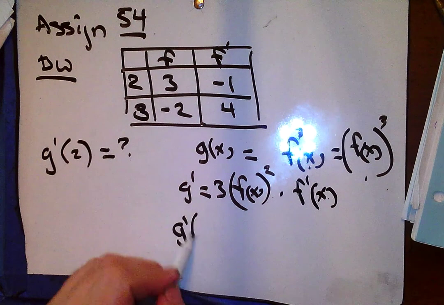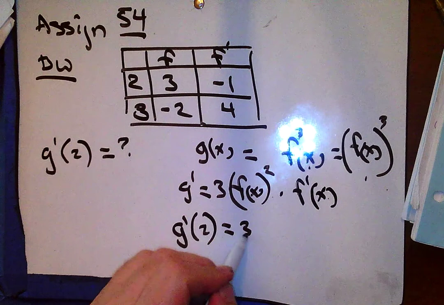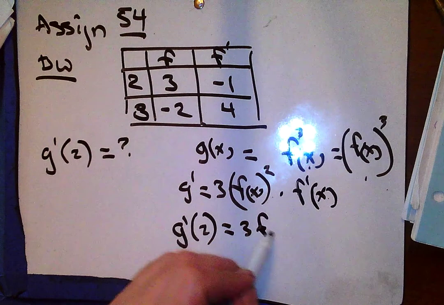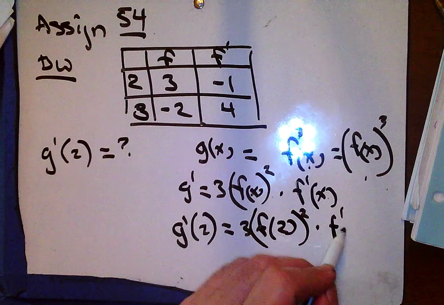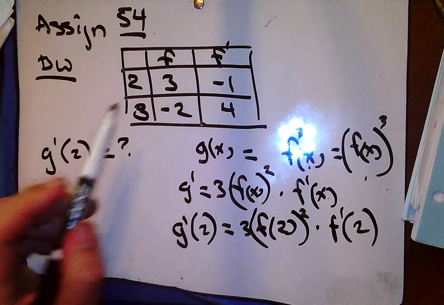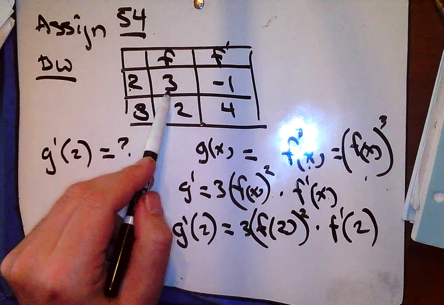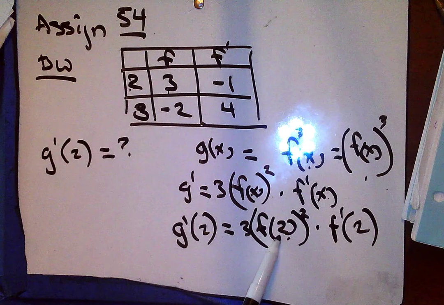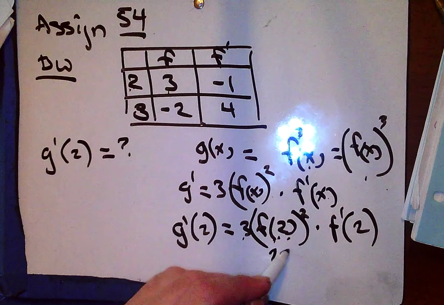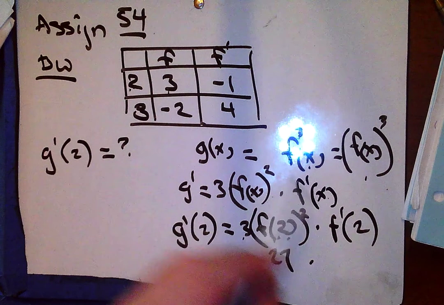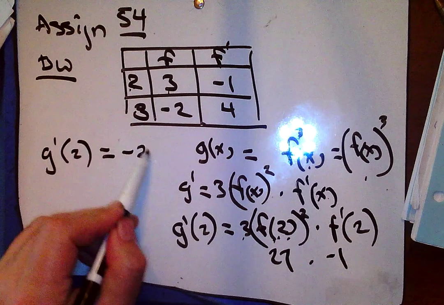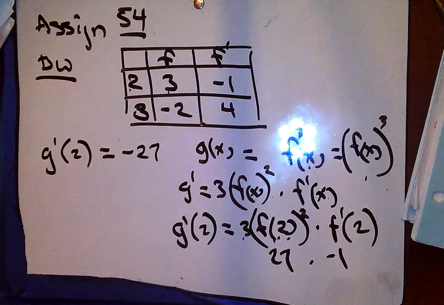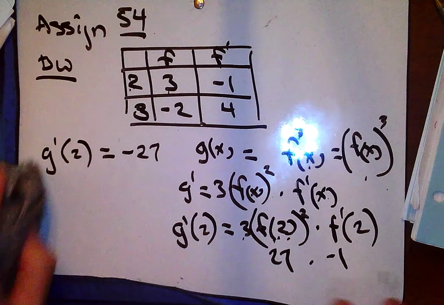If I'm looking for g prime of 2, that's going to be 3 times f of 2 squared times f prime of 2. F of 2 is 3. 3 squared is 9. 9 times 3 is 27. Times f prime of 2 is -1. And so I get -27 here. Yeah? Okay.